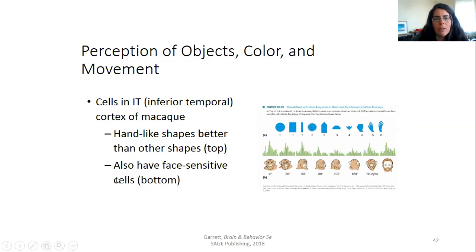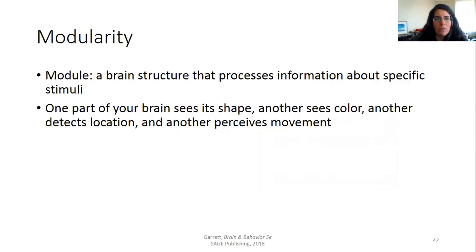There are also cells in this area that are sensitive to faces. And again, depending on the orientation of the face, or if it's just the back of the head, these cells will change their pattern of response or their firing rate. The less face-like it is, the less activation in these cells.